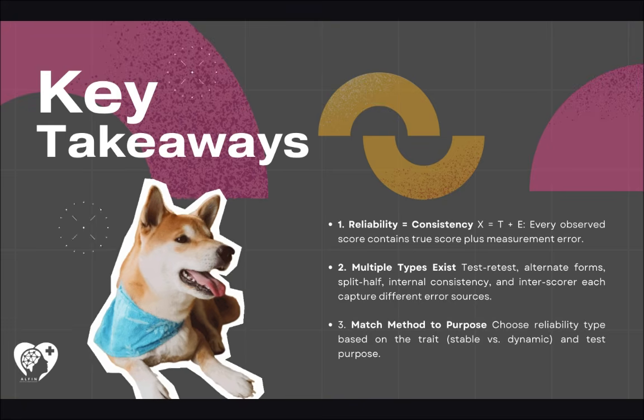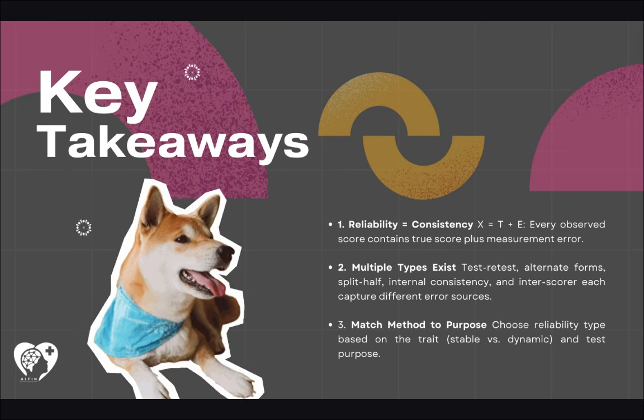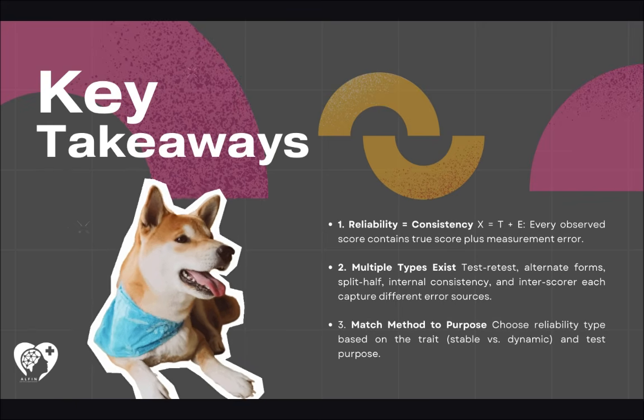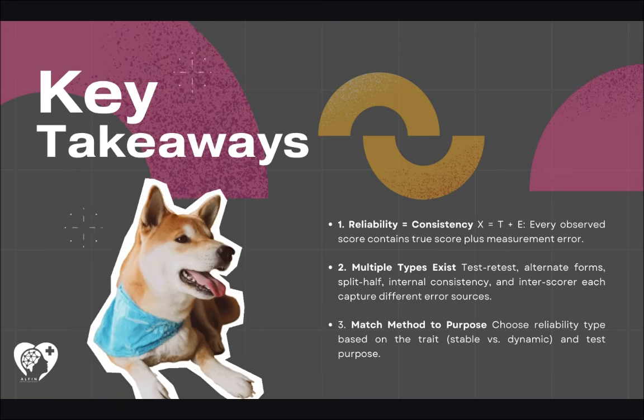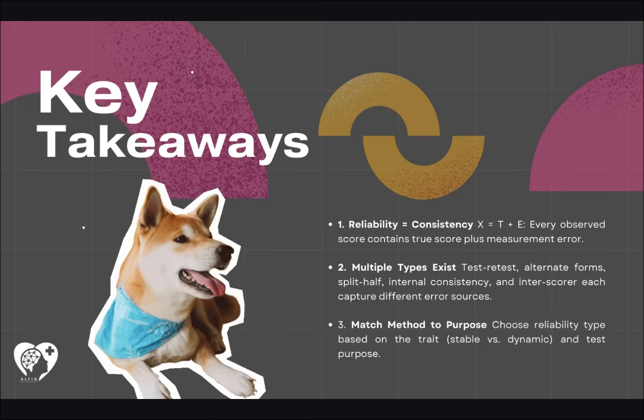If we have a dynamic trait, for example, measuring babies' developmental milestones, right? They're very known for growing very fast in the blink of an eye. So a test-retest might make the measuring tool produce a lower reliability coefficient than its true reliability coefficient because of these changes, or dynamic trait.